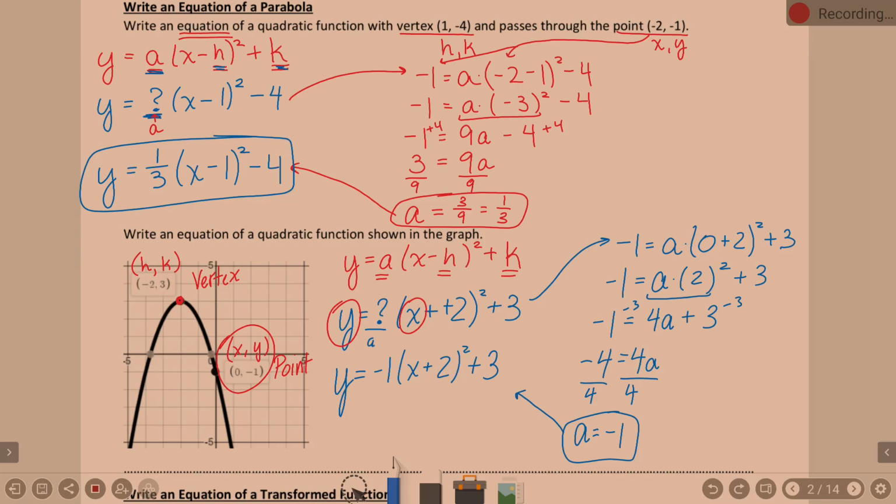So I'm going to write this as negative, parentheses, x plus 2, parentheses squared, plus 3. And what I'll tell you is that is your best form of the answer. Personally, if you need that negative 1 in there, you put that in there, I'm not counting you wrong. Savas might, so just beware. Savas is more formal than I am. I let you guys get away with stuff that Savas doesn't.